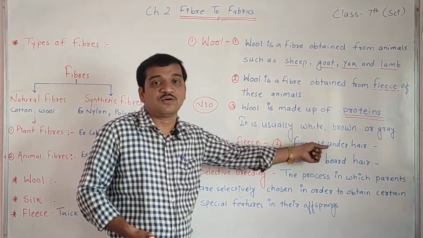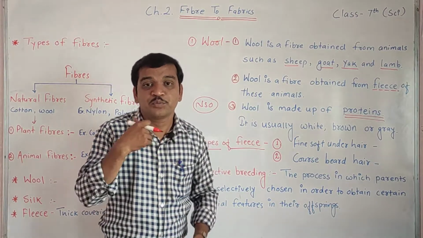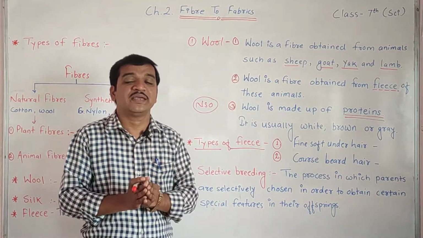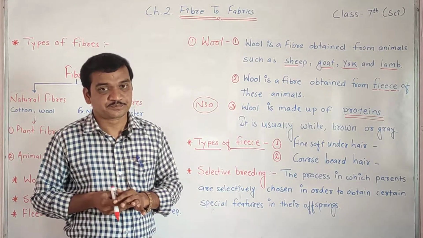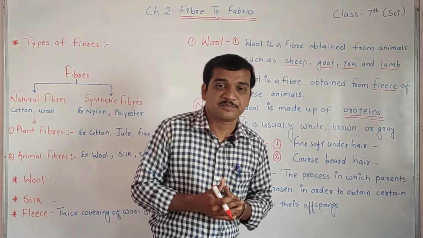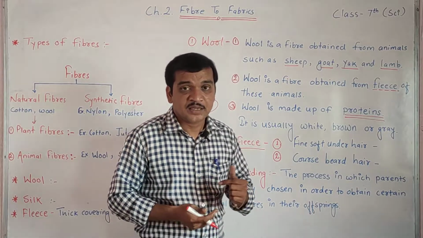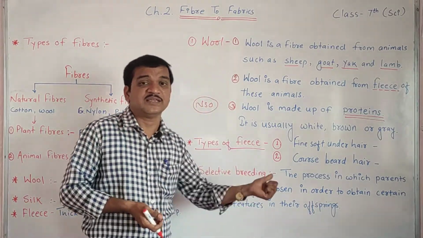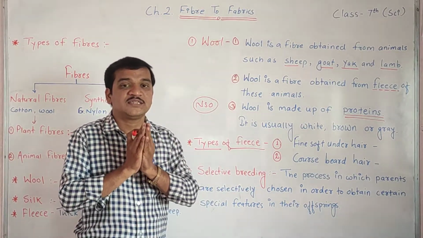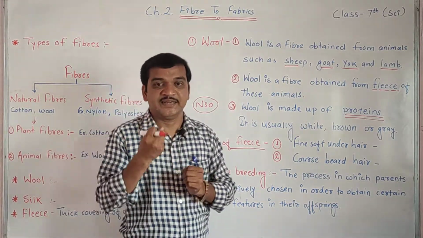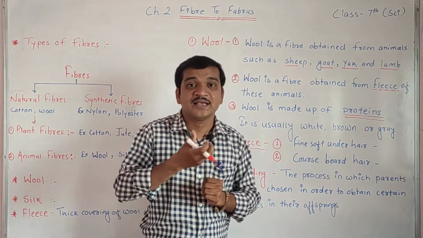The fine soft hair produces the fiber for making wool. So for getting this wool, some sheep bear the soft hair. To get this kind of wool, the sheep are selected. Okay, so sheep are selected.